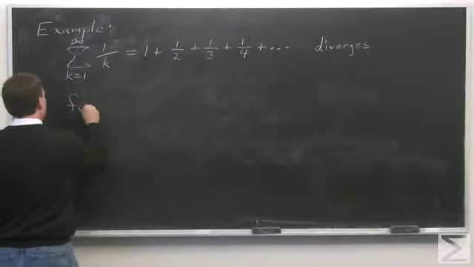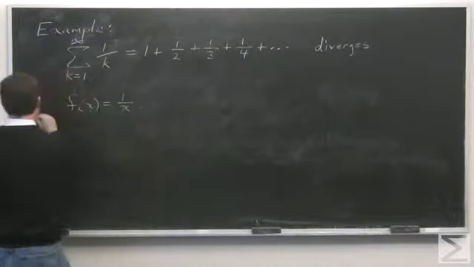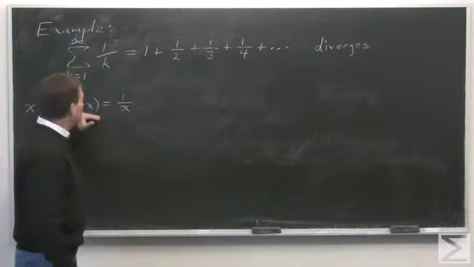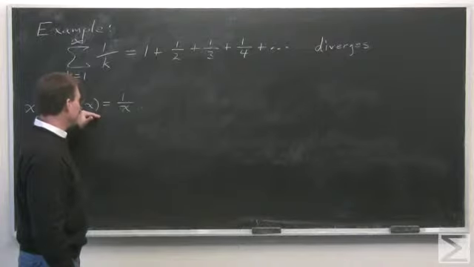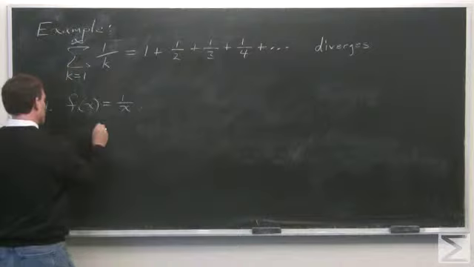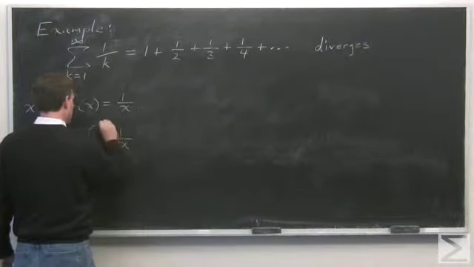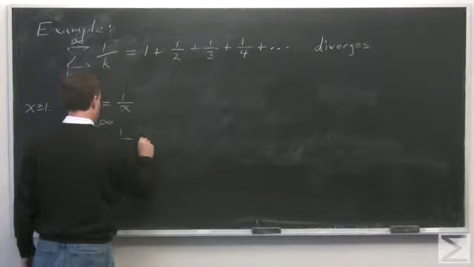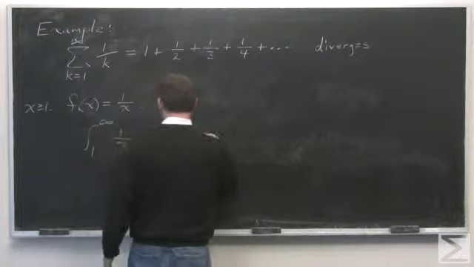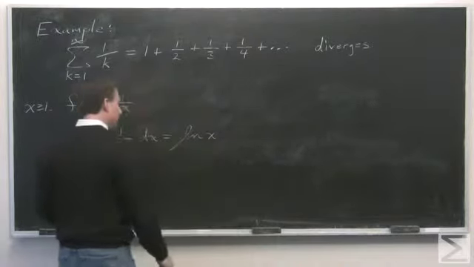You let f of x equal 1 over x, for x greater than or equal to 1. Well, this is certainly greater than or equal to 0 and decreasing. So the integral test tells us that this converges if and only if this converges. Oh, but we know the integral of 1 over x dx. It's the natural log of absolute value of x, but our x's are positive, from 1 to infinity.